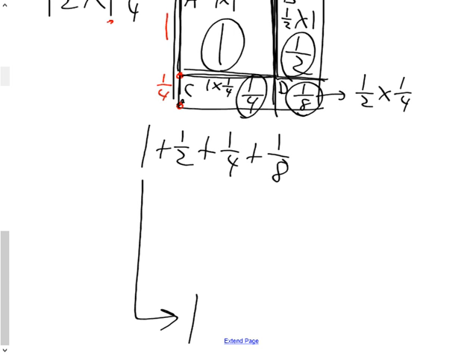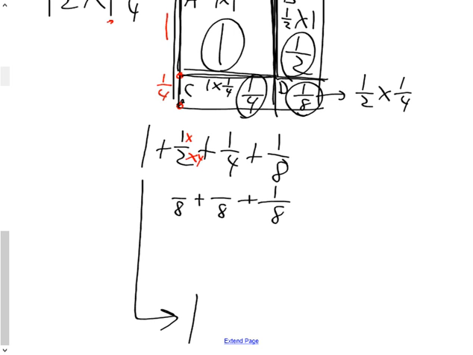But what I am going to do here is add my 3 fraction parts. And in order to add them, I need to have a common denominator. And what's the common denominator that 2, 4, and 8 share? 8 is the lowest common denominator. So I'm going to rewrite this as the sum of 3 equivalent fractions with denominators of 8. The good news is 1/8 doesn't change. What is an equivalent fraction to 1/2 that has a denominator of 8?